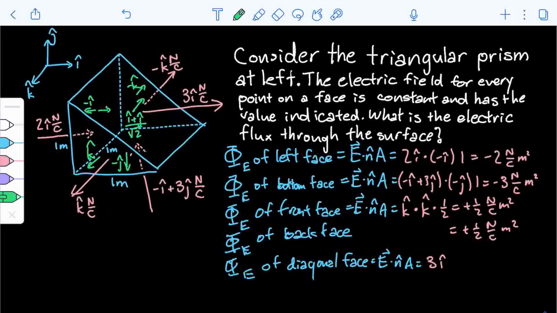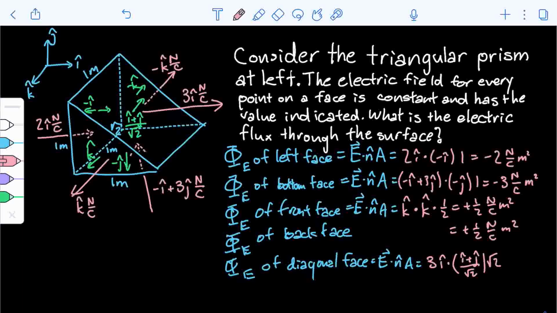So let's take the dot product with the unit normal vector, i hat plus j hat over square root of 2. Then let's multiply by the area. By the Pythagorean theorem, the length is 1 meter by square root of 2 meters, so the area is just square root of 2.